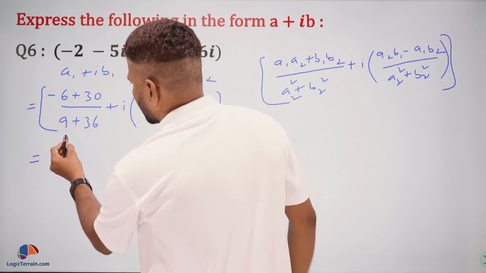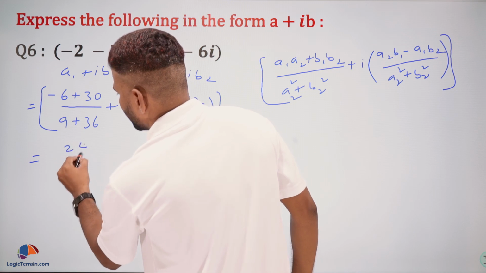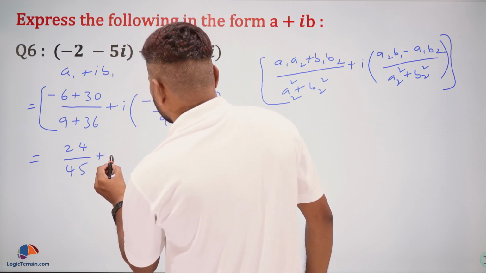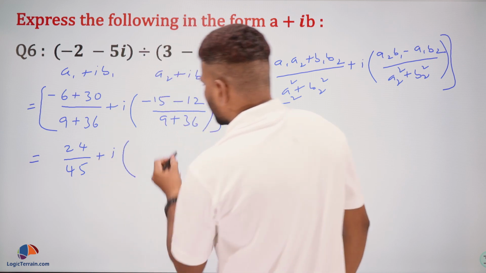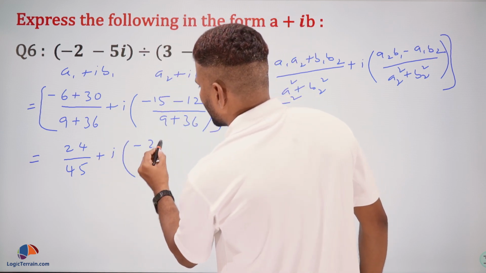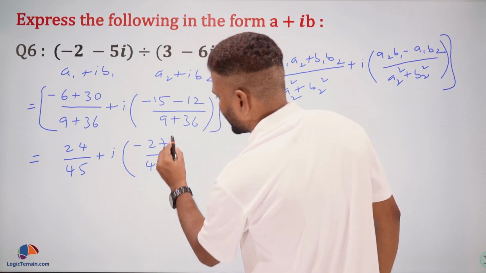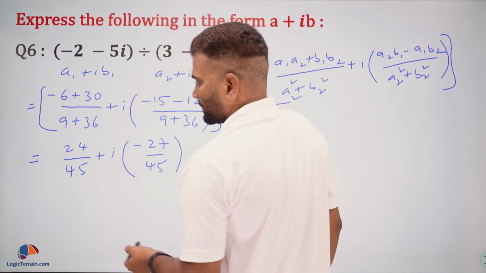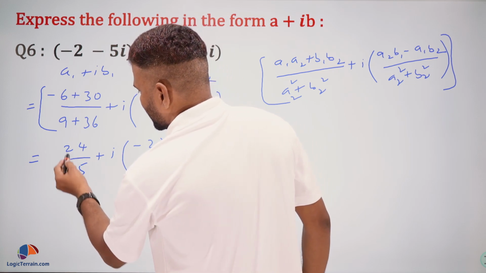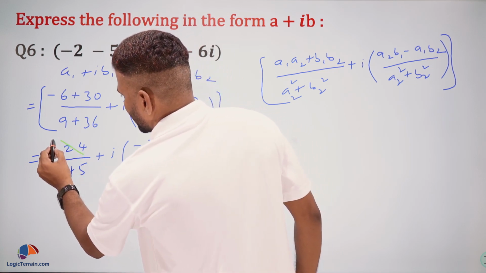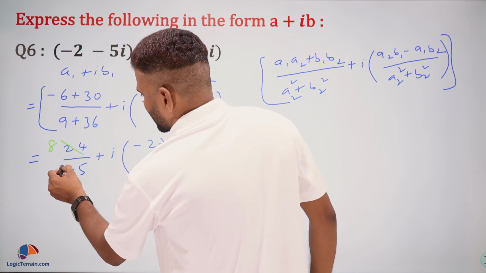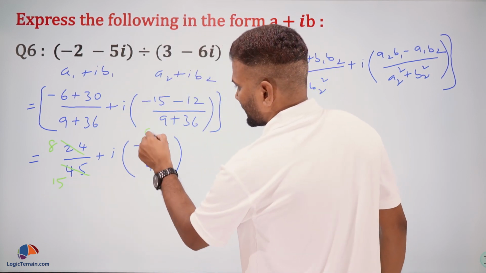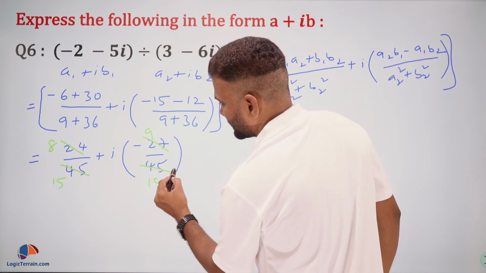This becomes 24 upon 45 plus i of minus 27 upon 45. Here we'll divide both numerator and denominator by 3. 3 8s are 24, 3 15s are 45, 3 9s are 27, 3 15s are 45.